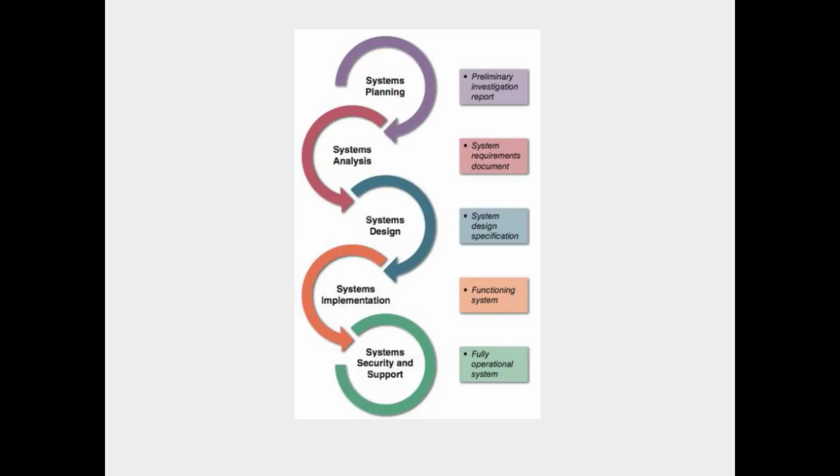Right. Once you get a green light from system planning, then you are going to work on gathering all the requirements. This happens in the system analysis phase. During this phase, you look at all the information that you need to develop this.